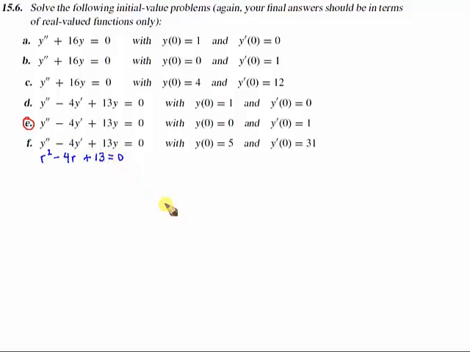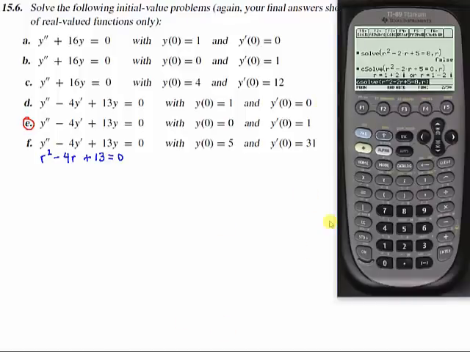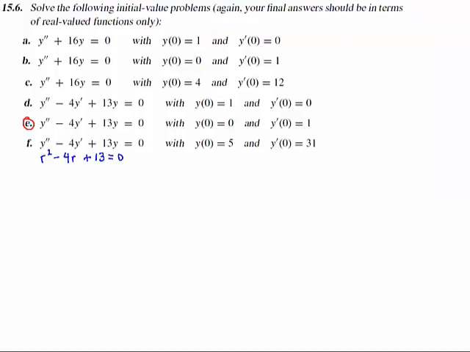Now you can solve this with the quadratic formula, or like we did on the last problem, we can take out our handy dandy calculator, and it says 2 plus or minus 3i, which tells us that our solution would be constant e to the 2x cosine 3x, constant e to the 2x sine 3x.